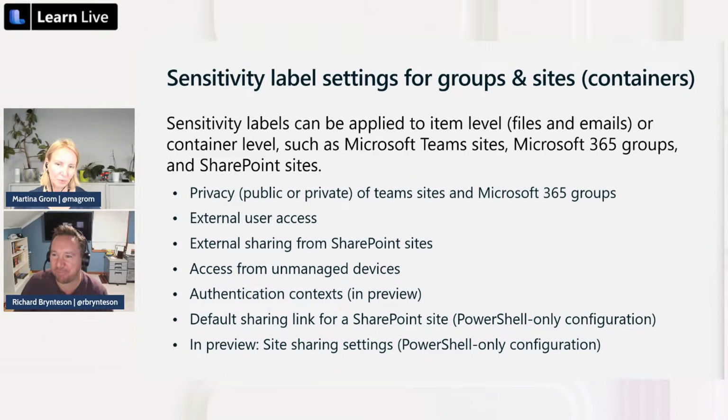So my general recommendation would be to have only the labels that you really need. If you have too many labels, people get confused. And it will also be hard to implement and to understand for your users. What I actually like is to have different labels for files and Microsoft Teams.